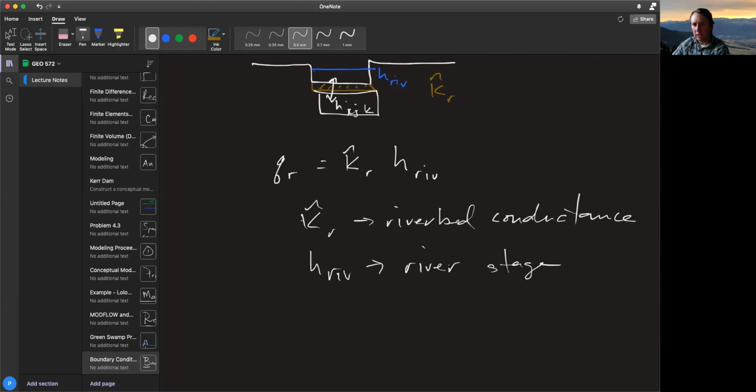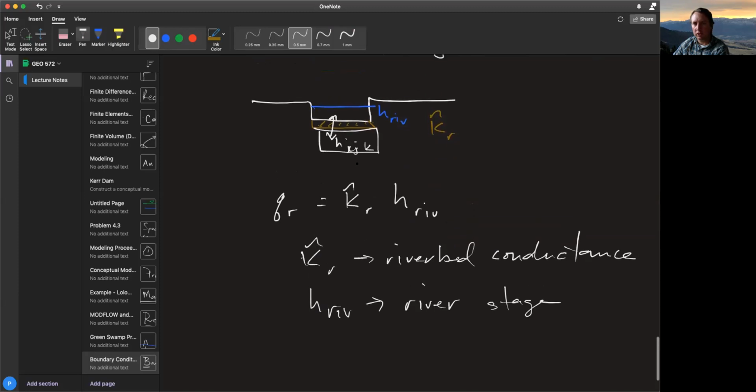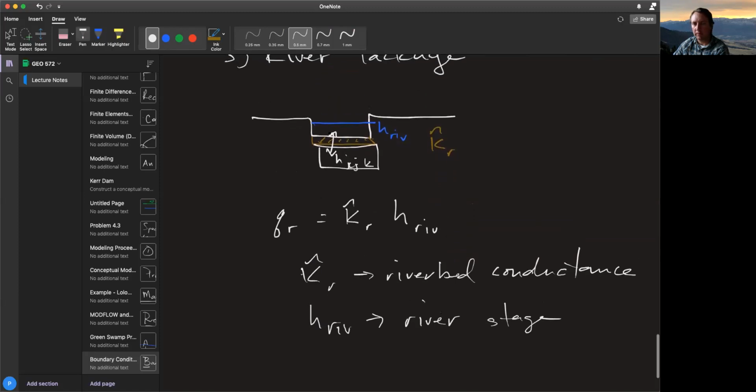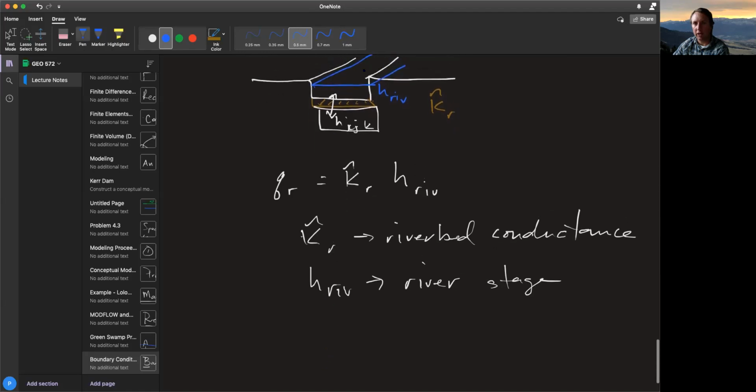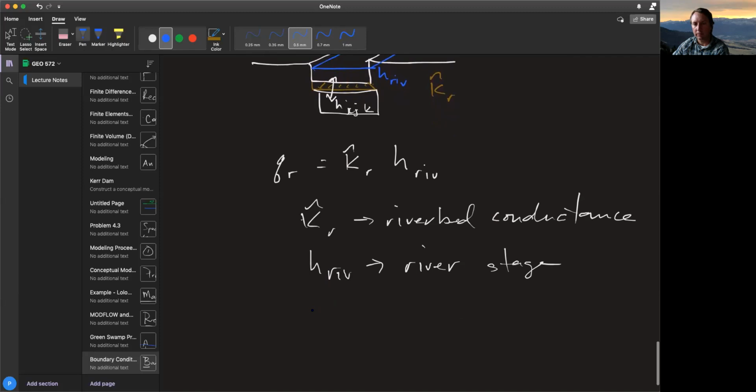This looks exactly like the general head, except it allows us to define the geometry of the stream independently of the geometry of our cells. So we're also going to define the geometry of the stream.